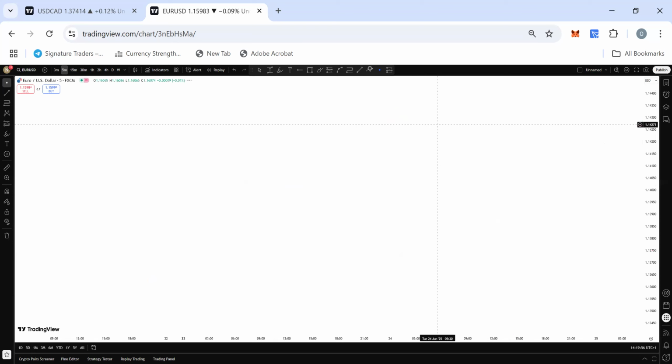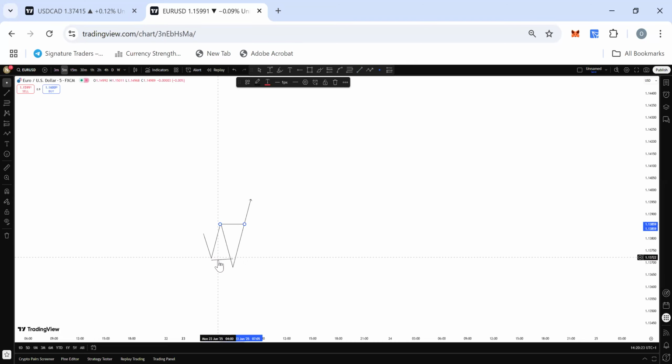On the inducement liquidity, we already know that inducement is an area where market makers take out retail traders from the market. Now, in a situation where you have something like this, market swipes this area first, then breaks this structure, which is transitional liquidity.